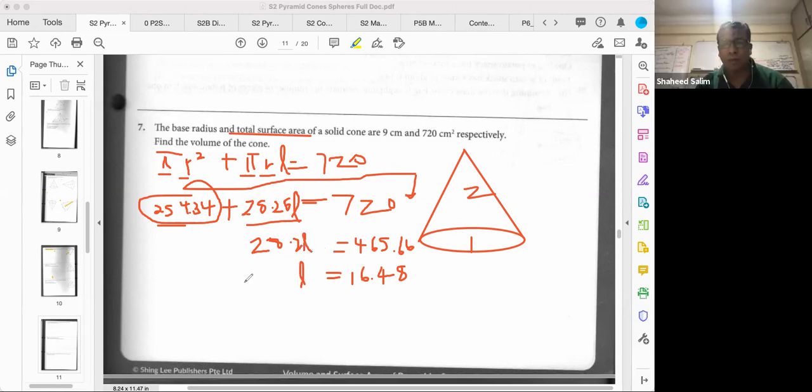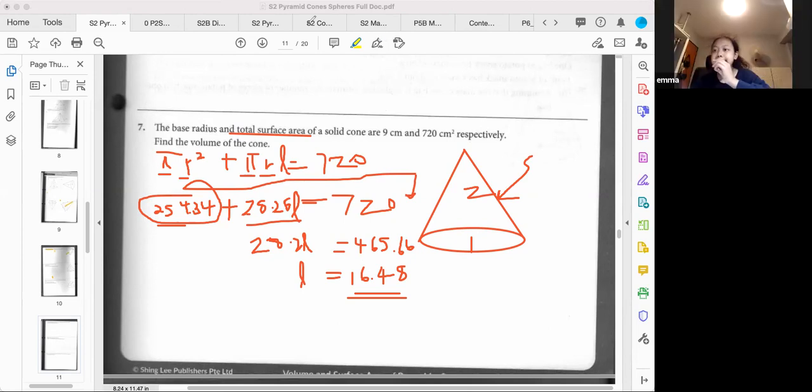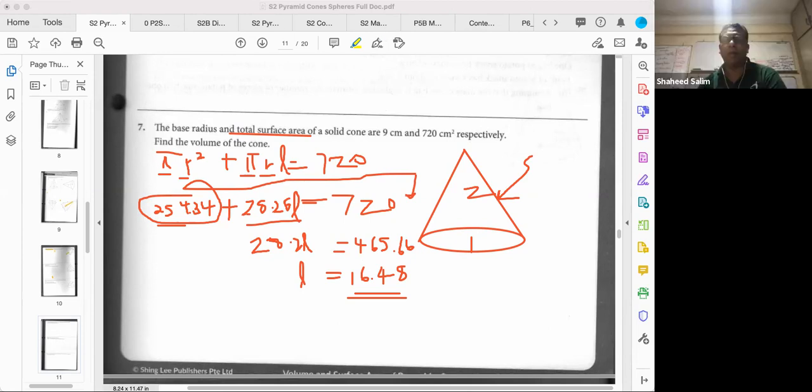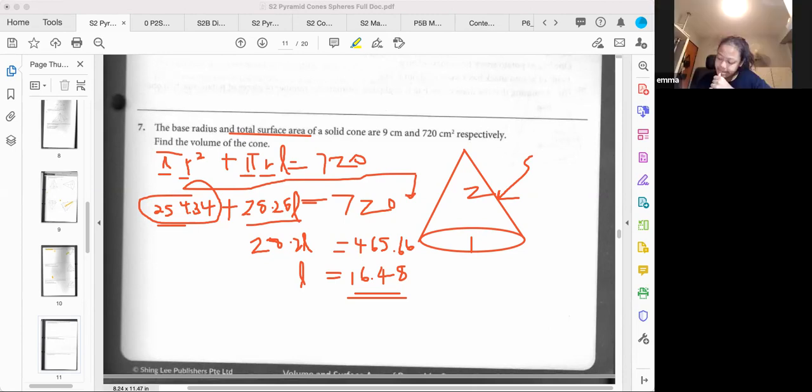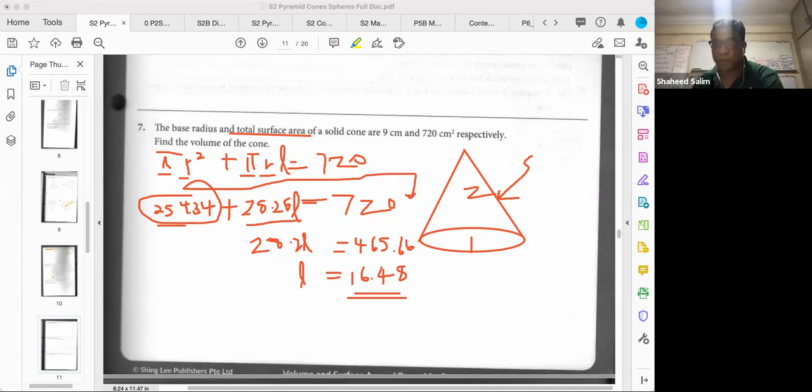Then I divide by 28.26, I get 16.48, which is the slanted height. Then from there, you know what to do? You need to find the height, and then you can find the volume.